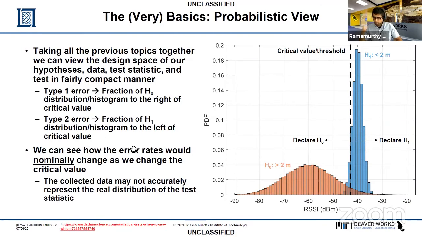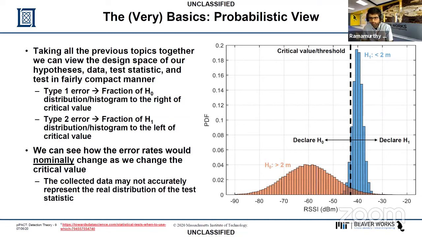So let's wrap all this up together a little bit and look at this in a probabilistic view. We can visualize everything we're doing compactly in one nice little graph. First, let's just talk through this graph and don't worry about the words on the left for now.